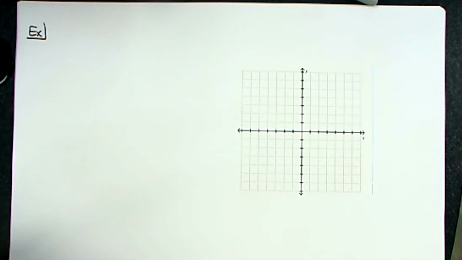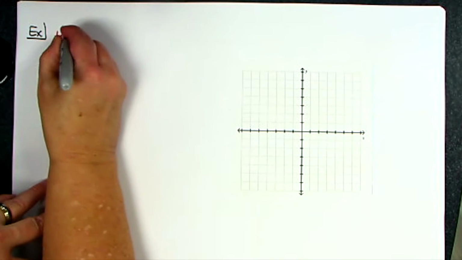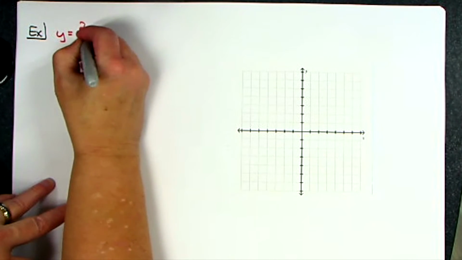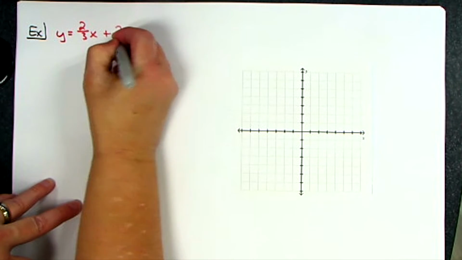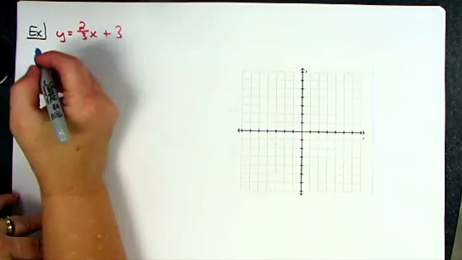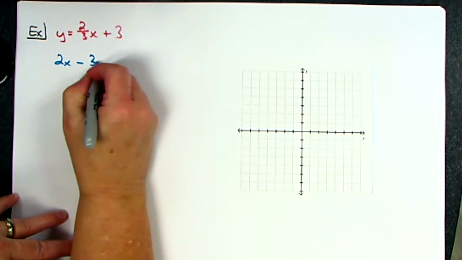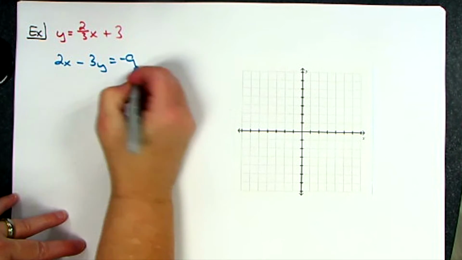Again, let's do it in two different colors. So let's say that my slope-intercept one is y equals 2/3 x plus 3. Let's say the standard form one is 2x minus 3y equals -9.